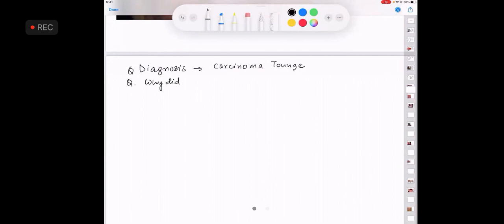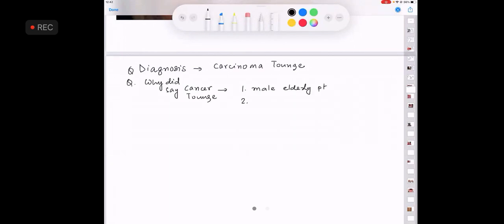Why did you say this to be a cancer of the tongue? The answer for this is, sir, because the patient is a male elderly patient.